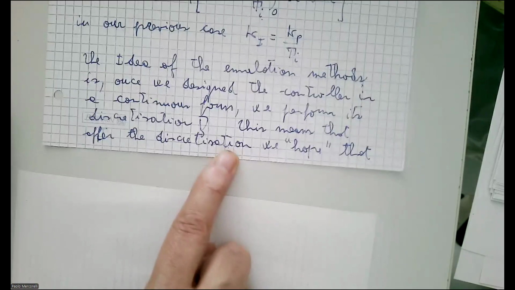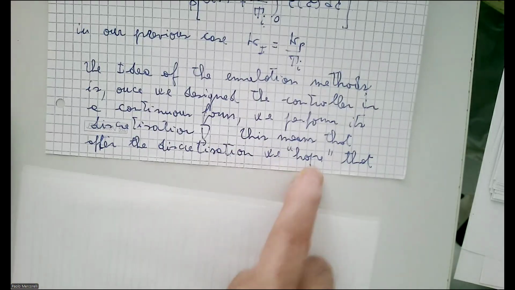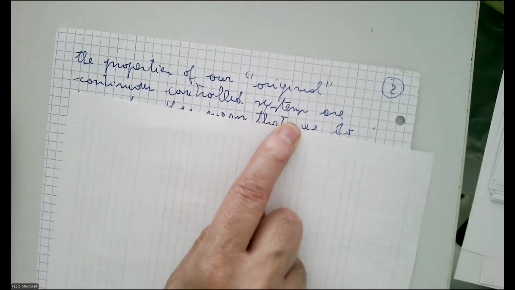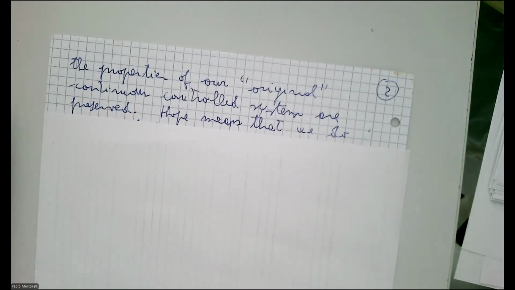After the discretization, we hope, this is an important sentence, that the properties of our original continuous controlled system that uses the continuous controller are preserved or guaranteed. Preserved is very strong.